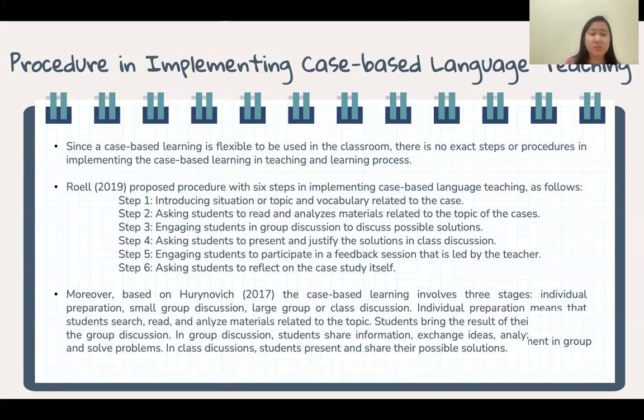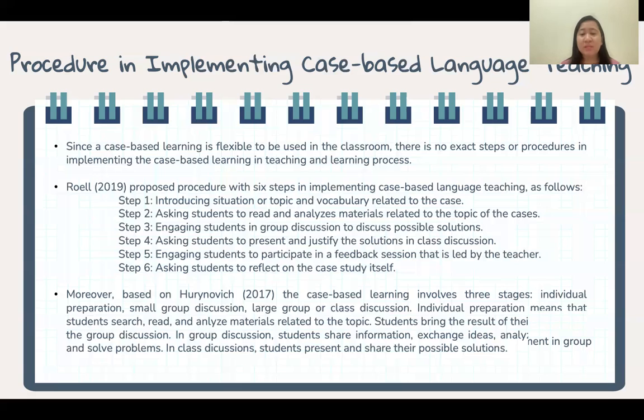On the other hand, teachers need to pay attention to the students in the group discussion, because not all students have the same energy, same ability, and same interest to actively engage in group discussion. There are some students who have low engagement and will be passive learners.